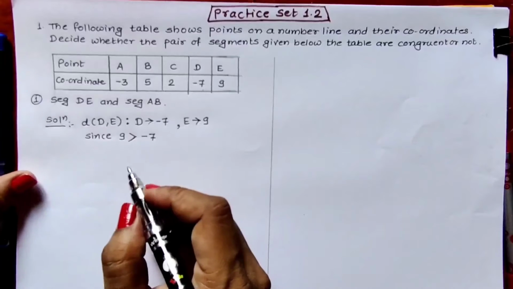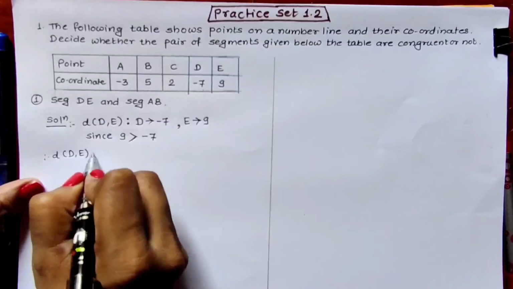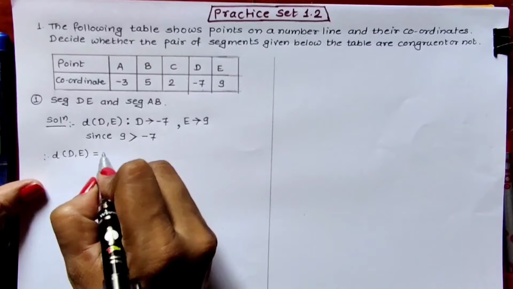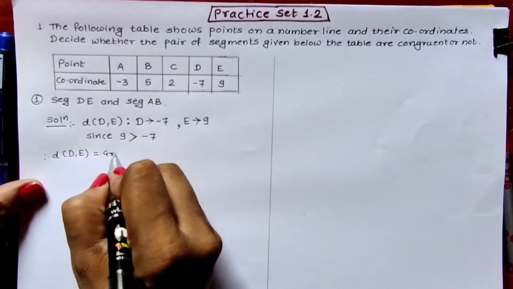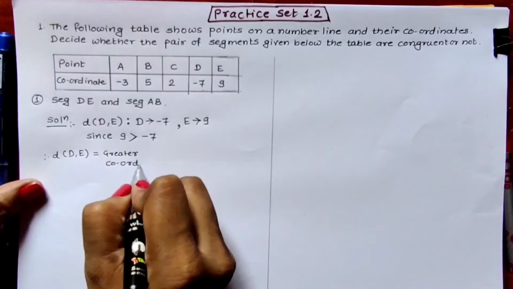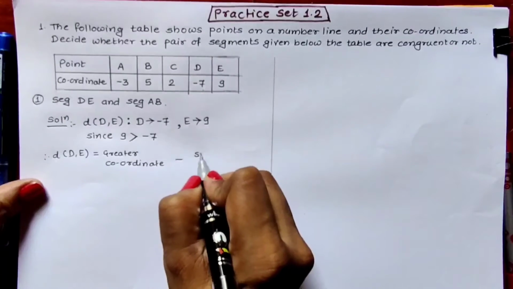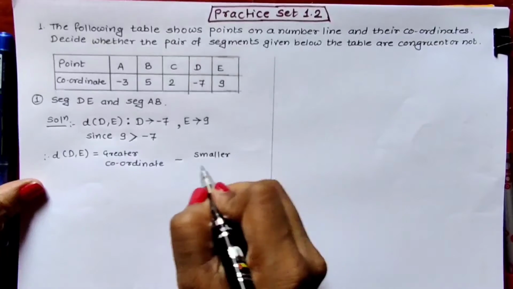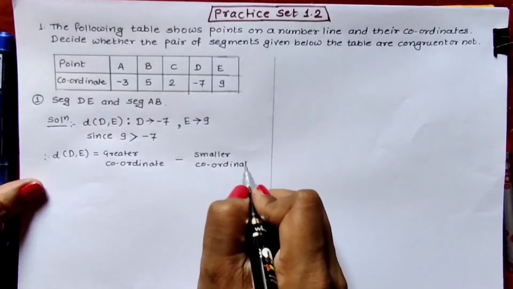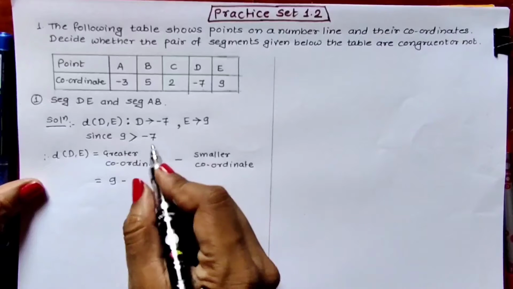Now we all know how to find out the distance. So distance DE is equal to, we all have used this formula, greater coordinate minus smaller coordinate. So as greater is 9, minus smaller is -7.